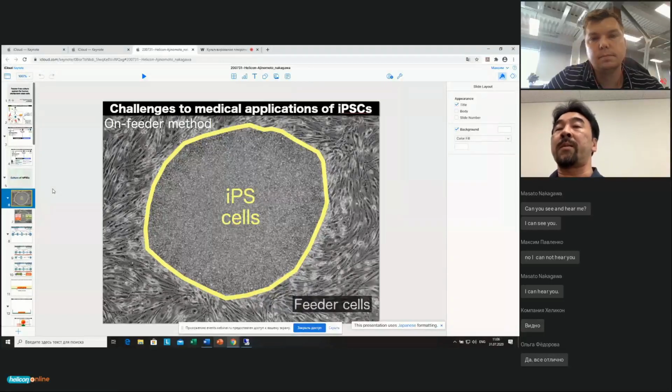So this on-feeder method is a good culture system for human iPS cells and human ES cells. However, there are several issues with this culture method when considering its clinical application. So next slide, please.